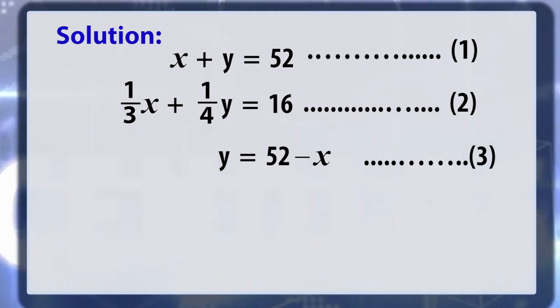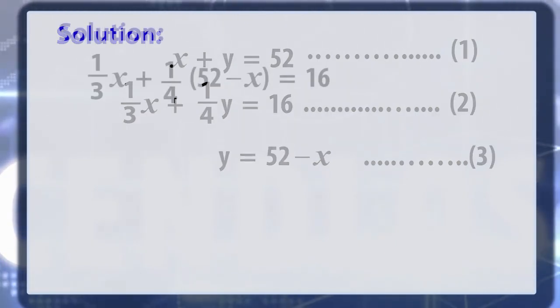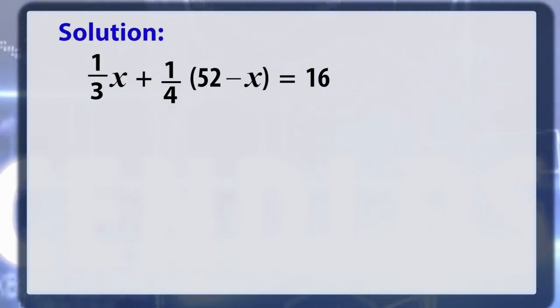And then we substitute this into equation 2. Wherever we see y, we put 52 minus x. So we go back to equation 2. So we have 1 over 3x plus 1 over 4 times 52 minus x, and that should be equal to 16.